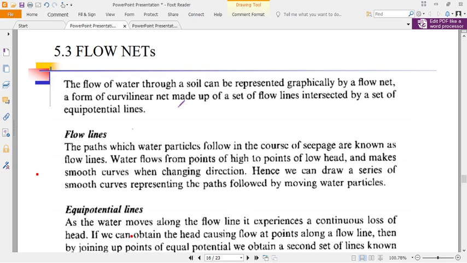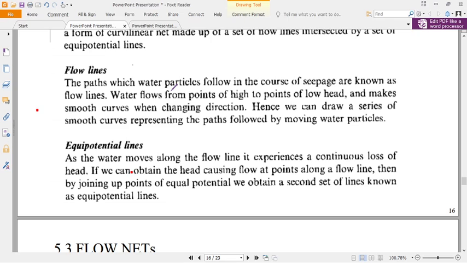The paths which water particles follow in the course of seepage are known as flow lines, along which water flows from points of high head to points of low head, and makes smooth curves which change direction.